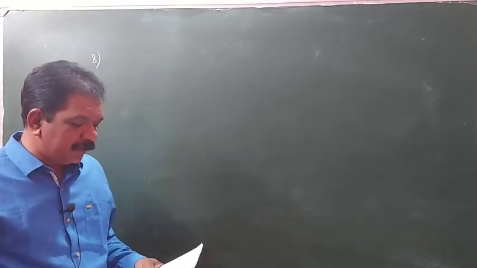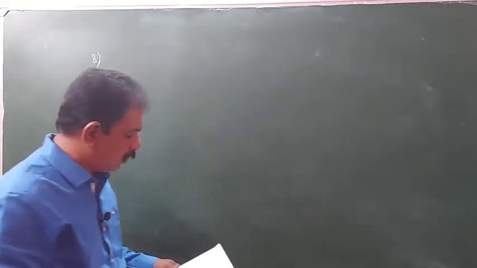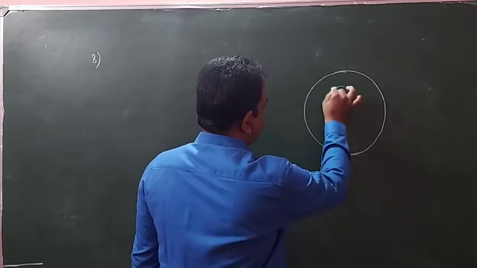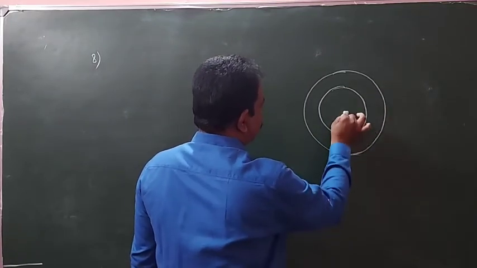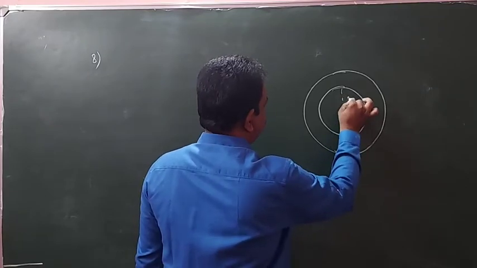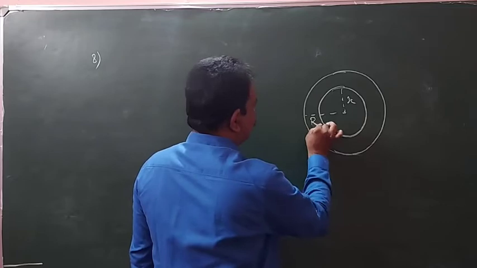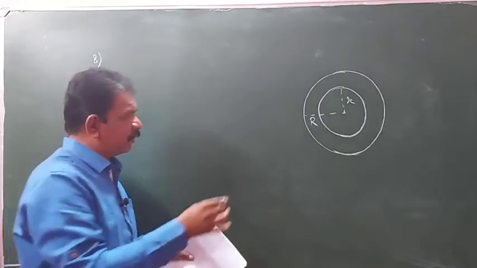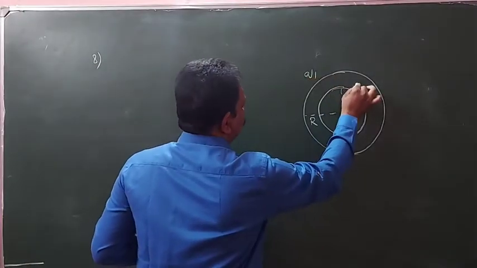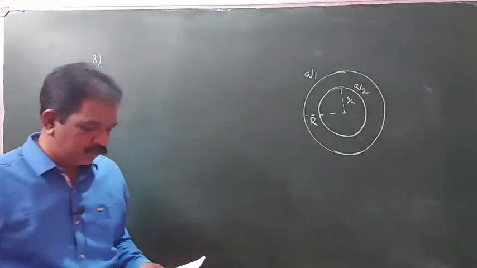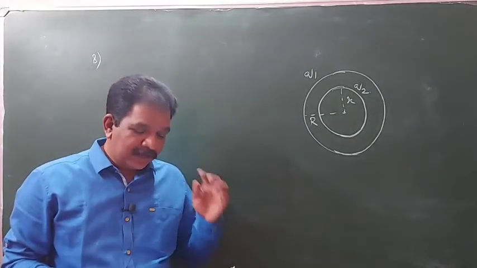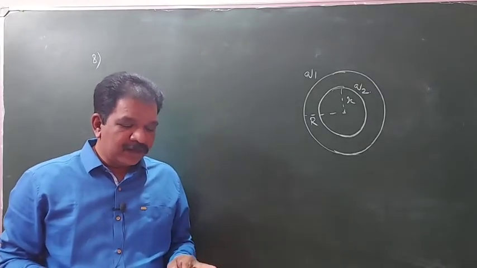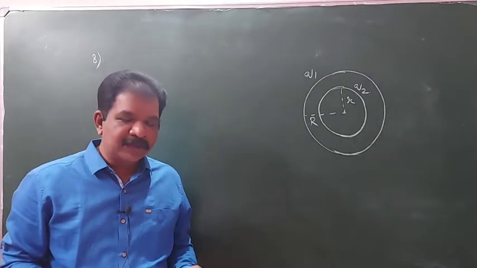I am taking this sphere radius as capital R, and this sphere radius is smaller, small r. Charges on them are Q1 and, let this be, Q2. Then they are having equal surface charge densities. What is the electric potential at the common center?